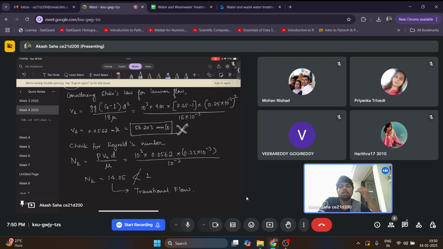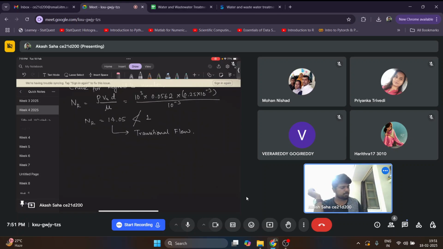That means the Stokes law is not valid, whereas the general formula for the velocity will be applicable. This formula is given for the Stokes law, but we have to apply the general formula. So just make a note of it.